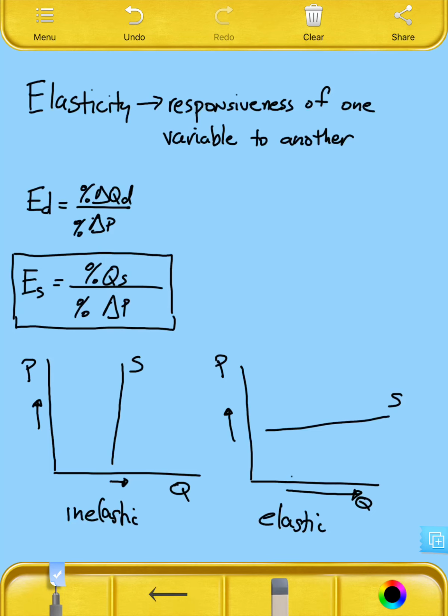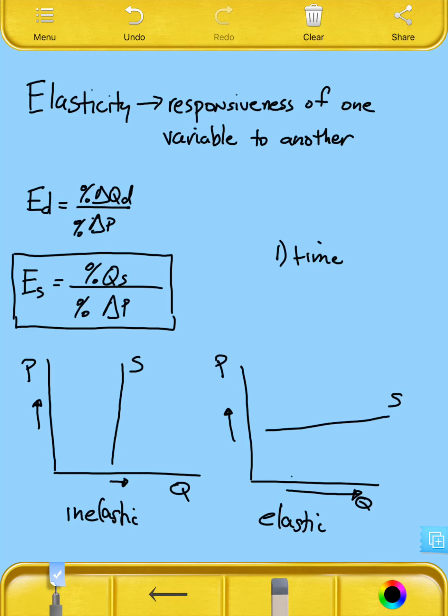The two main determinants of price elasticity of supply, like what makes supply more inelastic or elastic, the first is time. And so over more time, a given seller or a group of sellers in an industry can respond to price changes more so.